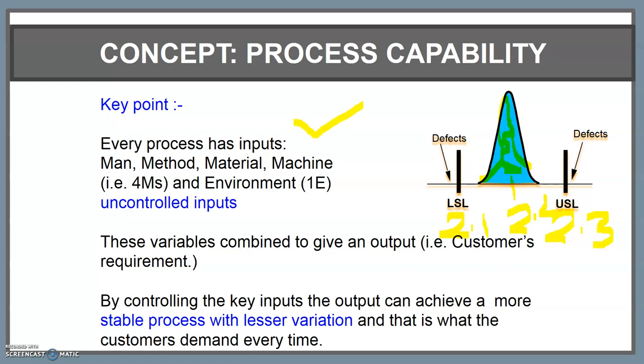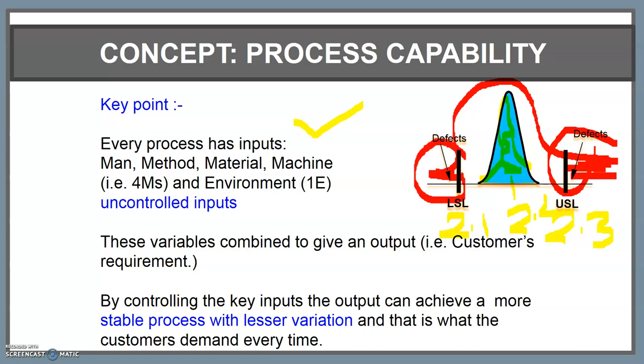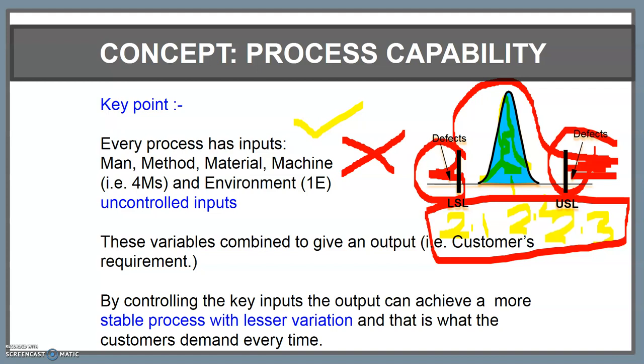If your process produces data something like this, that means all of this here is defect, and this here is defect. That means the dimension is below 2.1 or bigger than 2.3. This is what I don't want. This one I will reject. So that means your process is not capable enough to fulfill my requirement. Understand?